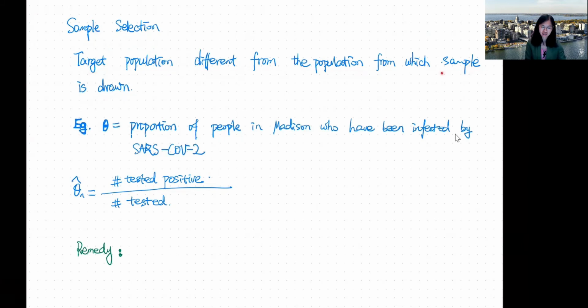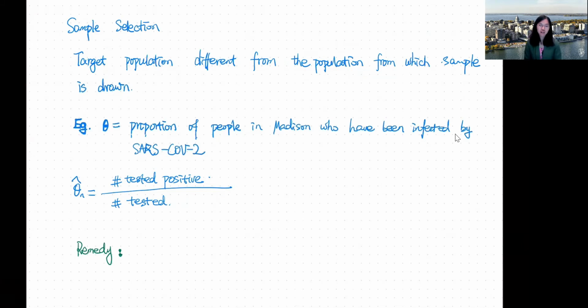Right? So the estimate coming from the sample will estimate the quantity from the population the sample is drawn from very well, but if that is not your target population, then you are missing your target. This is a very common and serious issue, and we should always be aware of it.